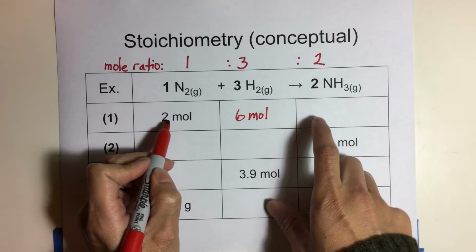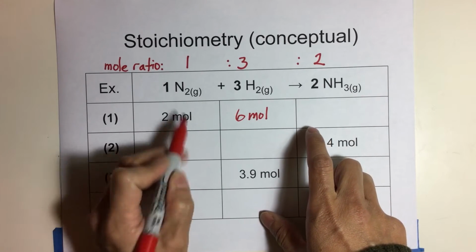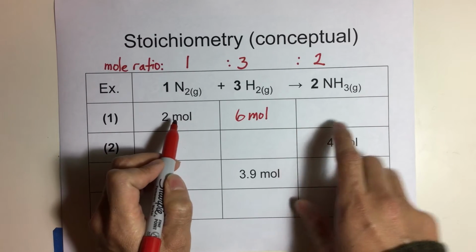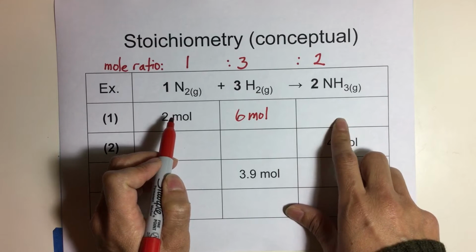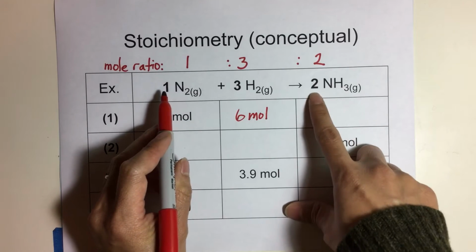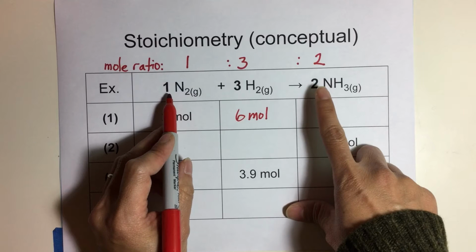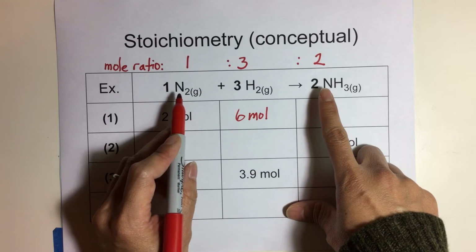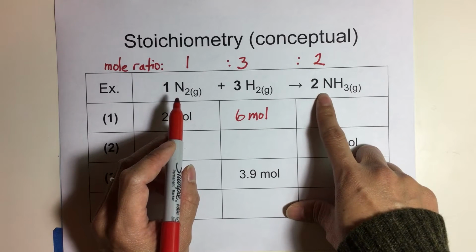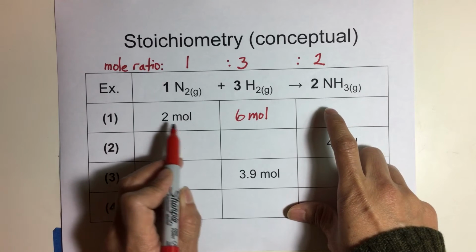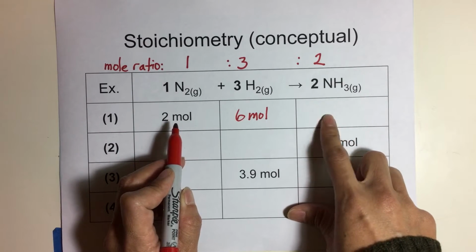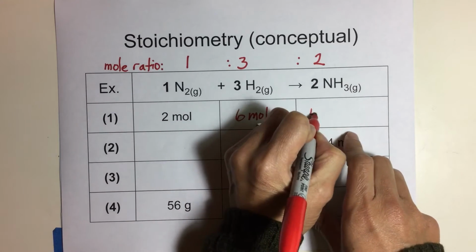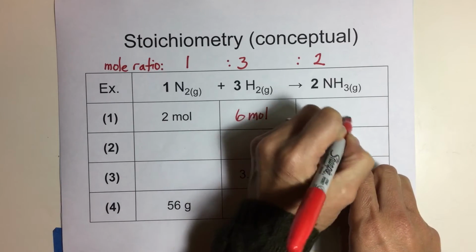Now we look at the given, which is 2 moles of nitrogen, and the amount of ammonia that's missing. It's a 1-to-2 ratio. For every 1 mole of nitrogen, there are 2 moles of ammonia produced. So for 2 moles, you produce twice that, which is 4 moles of ammonia.